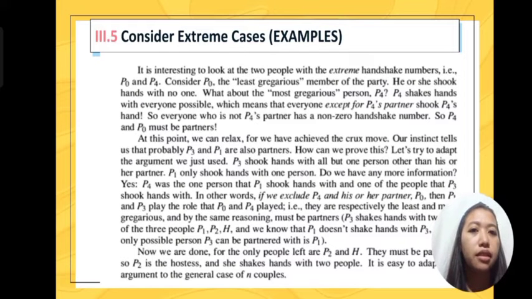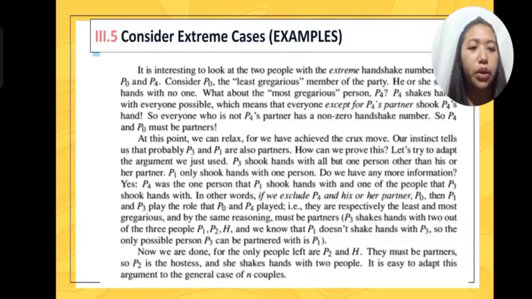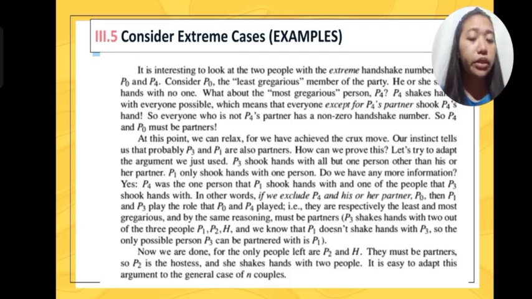P4 shakes hands with everyone possible, kasi nga siya yung most gregarious person natin doon. Which means that everyone except for P4's partner shook P4's hand. So everyone who is not P4's partner has a non-zero handshake number. So P4 and P0 must be partners.